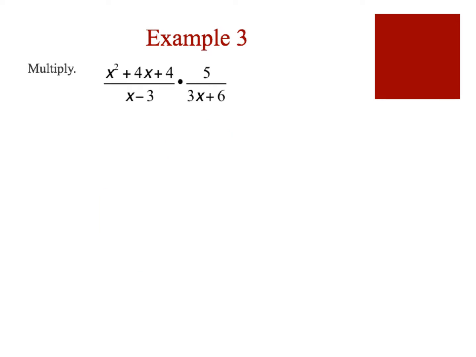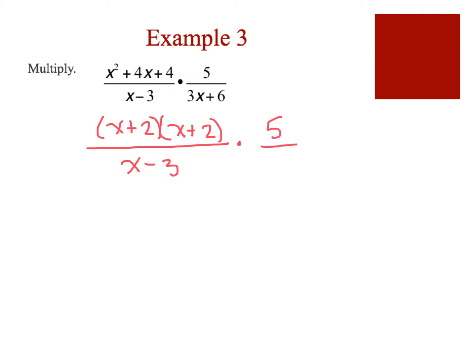Example 3. Multiply (x squared plus 4x plus 4) divided by (x minus 3) times 5 divided by (3x plus 6). So first I need to factor the numerators and the denominators that are polynomials. My numerator here factors out to x plus 2 times x plus 2, divided by x minus 3, times 5 divided by 3 can be factored out, so I'm left with x plus 2.